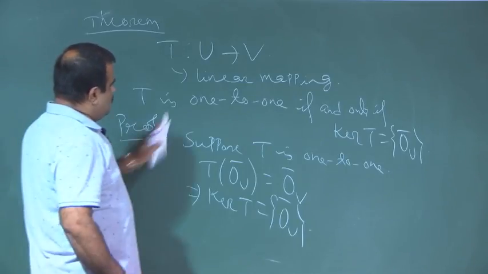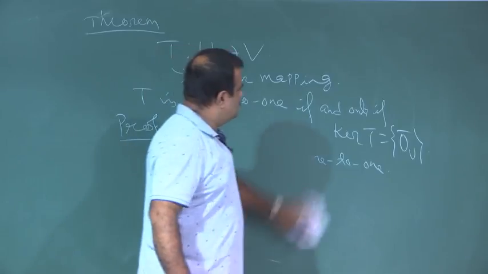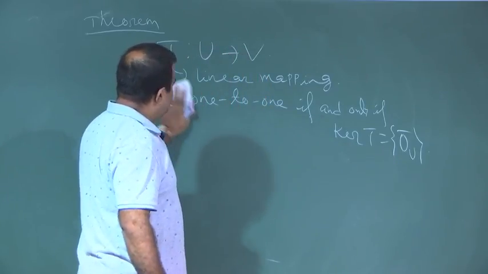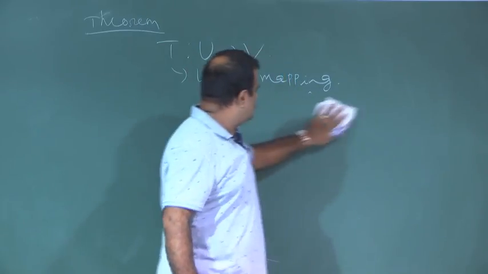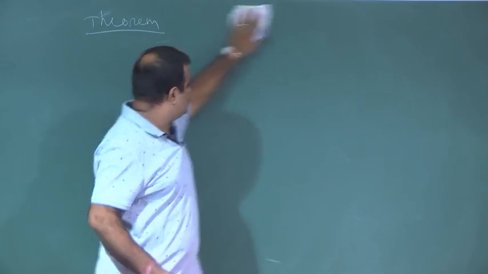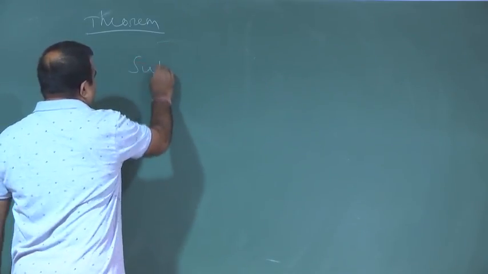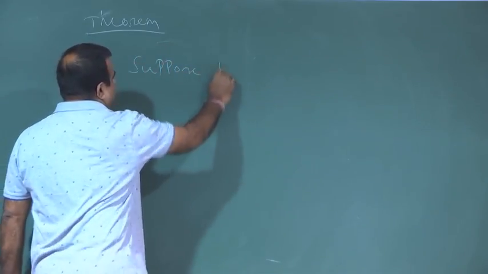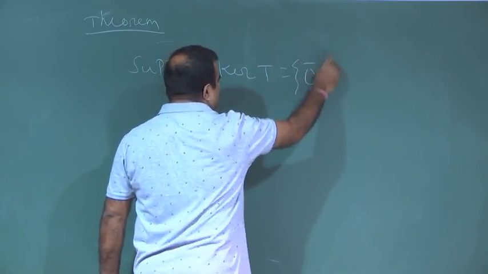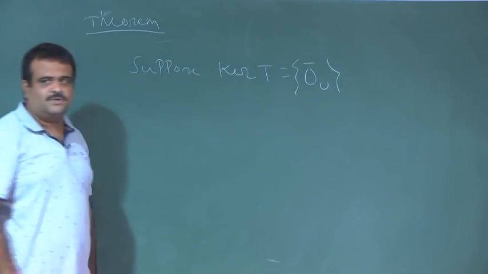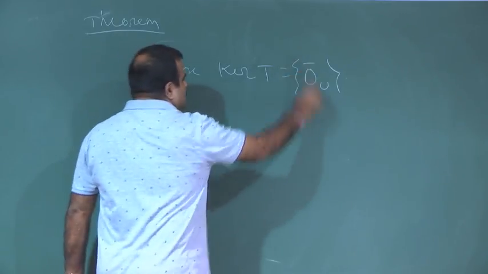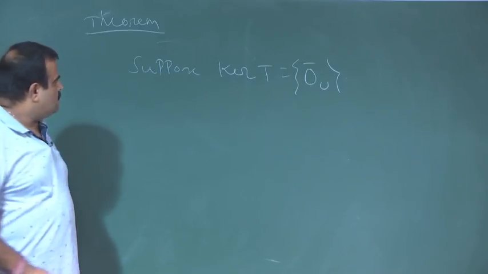Now, the other way around. Conversely, suppose the kernel of T consists of only the 0 vector of U. Then we have to show this T is 1 to 1. How to show that?